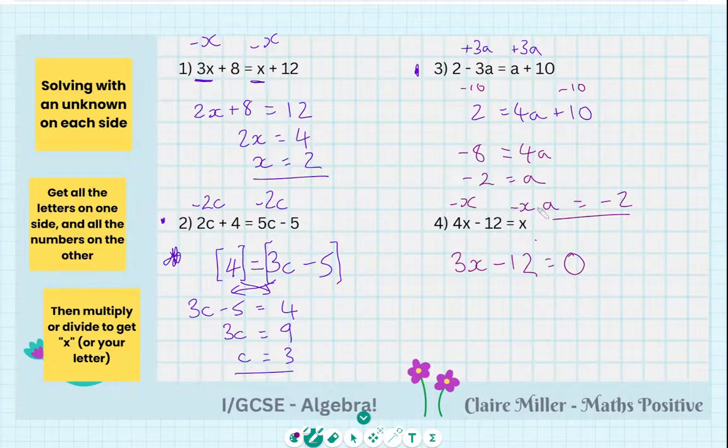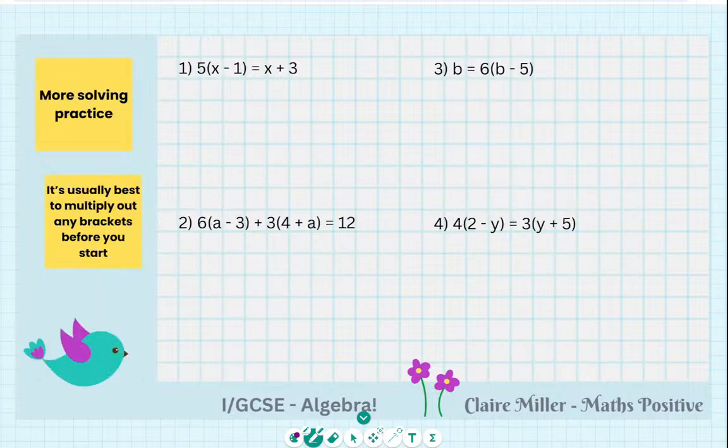It's turned into an expression, but it hasn't really, because we've still got this equals, and we know that this is now 0. So we need to write that number in. Now, solving like usual, adding 12 to each side. So 3x is 12, dividing both sides by 3. So x is 4. Excellent. I can't see any questions at the moment. Hopefully that means this is all making sense to you all.